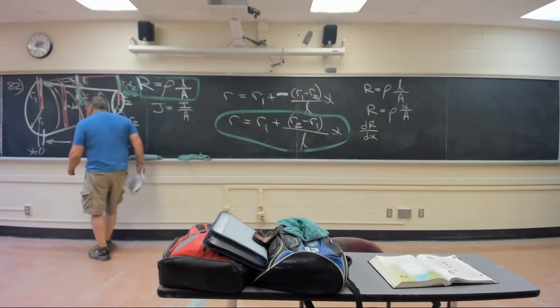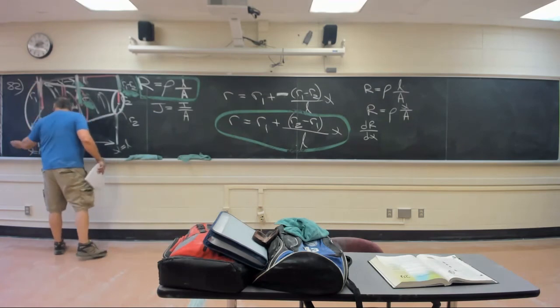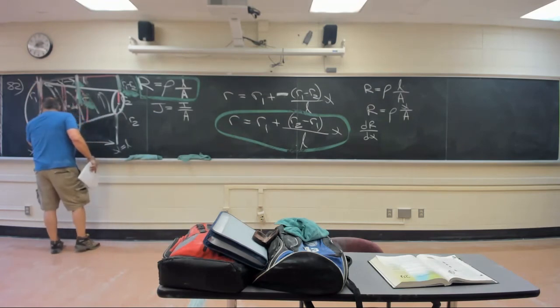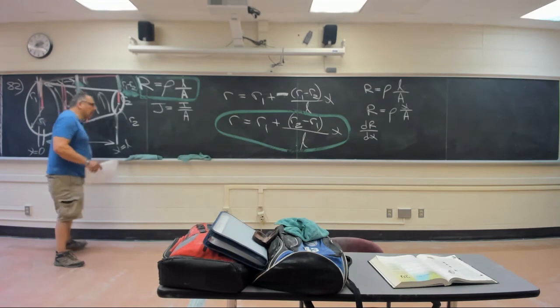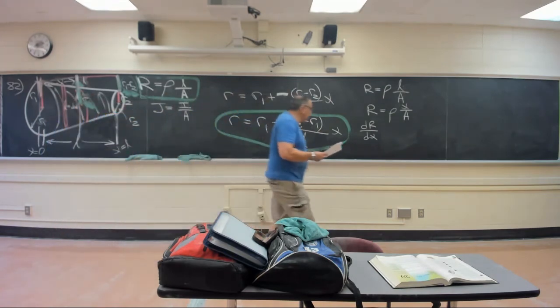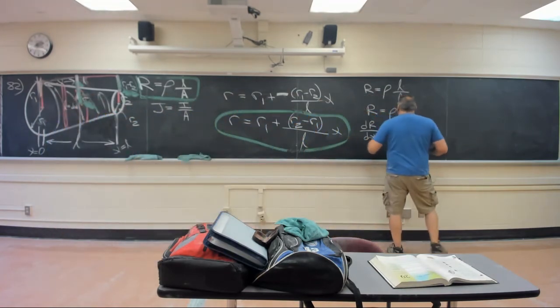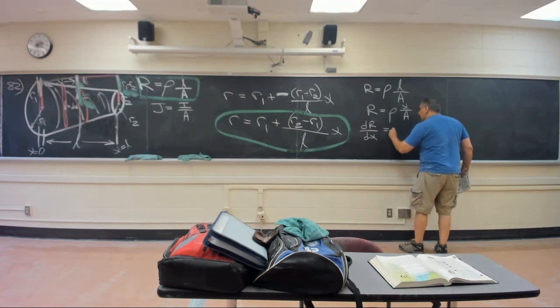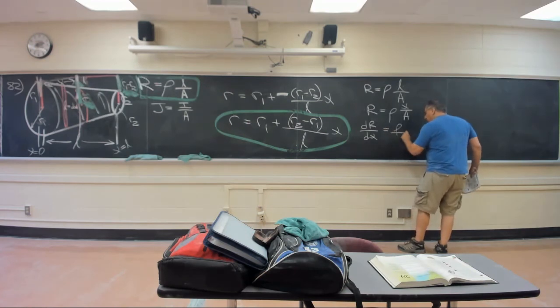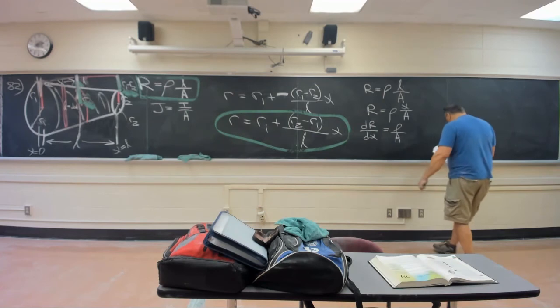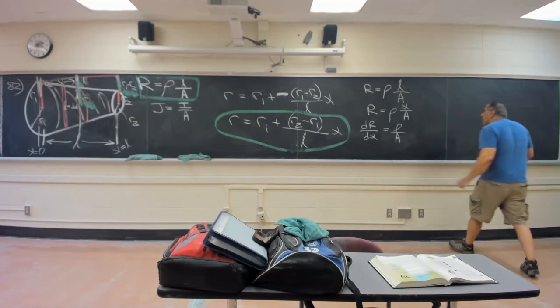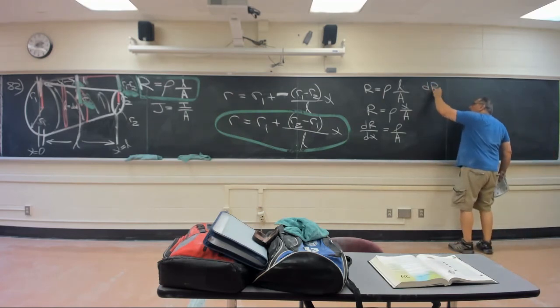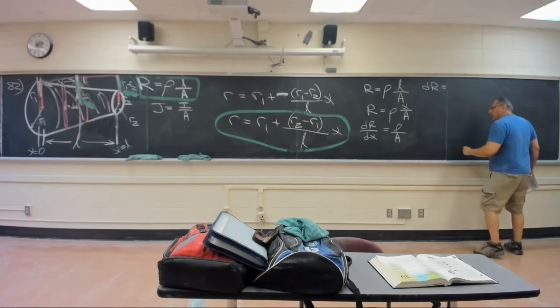But you start here, and you're moving that way. dR/dx is rho over A. dR, a little bit of resistance.